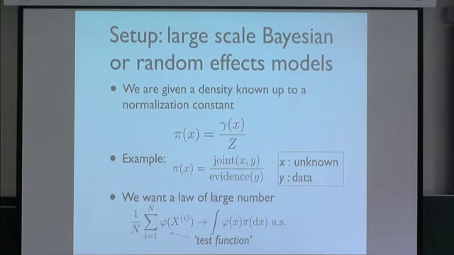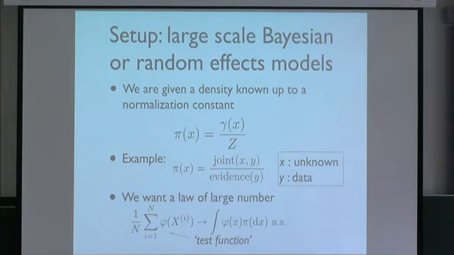A typical example, in the Bayesian motivation, would be the joint density of the unknown quantity X and the known quantity Y divided by the evidence. Computing the evidence would require a high-dimensional integral or a sum over a combinatorial space. So we want some approximations.